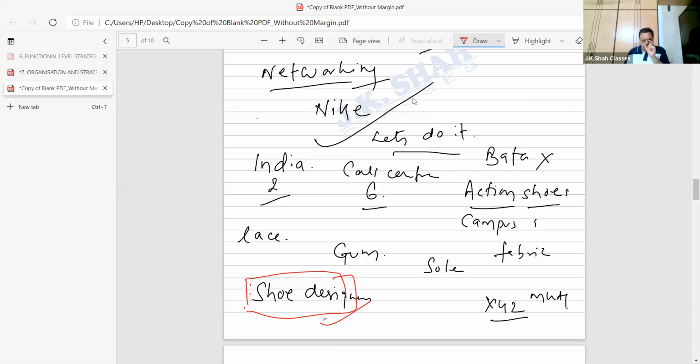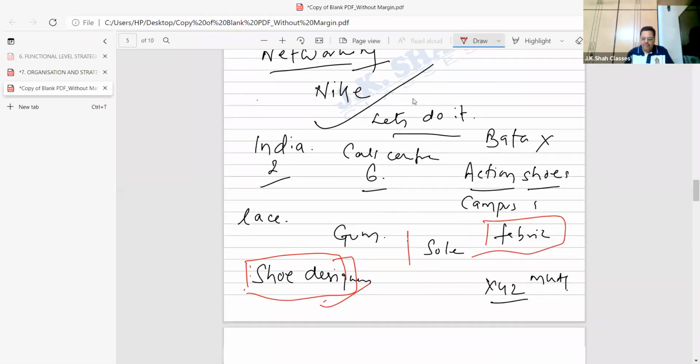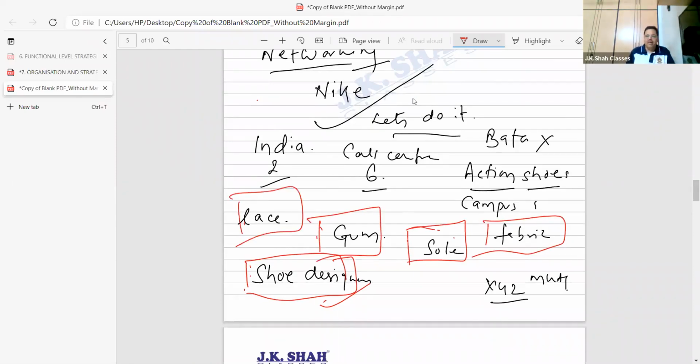On the basis of the shoe design, what happens? We will take the fabric. Then we will tell the companies to make the sole. These are all different companies. We will tell them to give the gum. We'll tell them to give the lace. And then I, as a Nike representative, will do what?